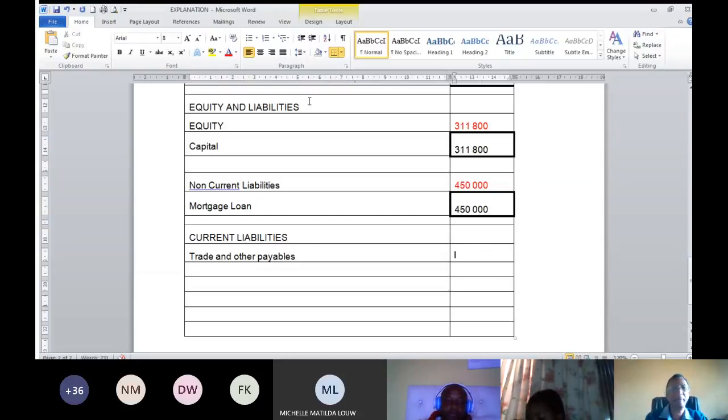Remember now, your trade and other payables will normally be your trade payables control account, your accrued expenses, and your income received in advance. Accrued expenses and income received in advance are adjustments that I must still explain to you. So our trade and other payables will only be your trade payables, which is 33,000 rand.